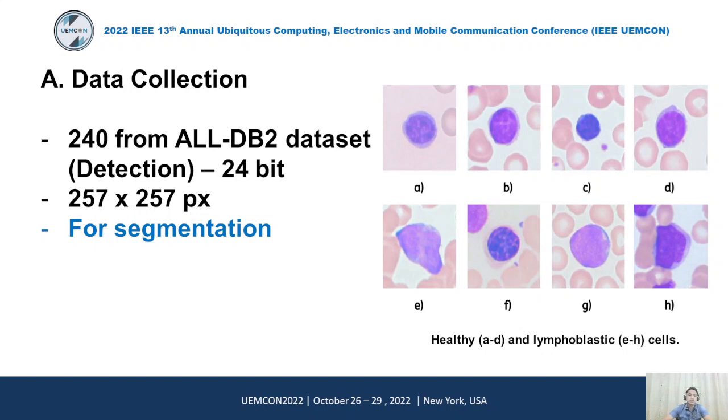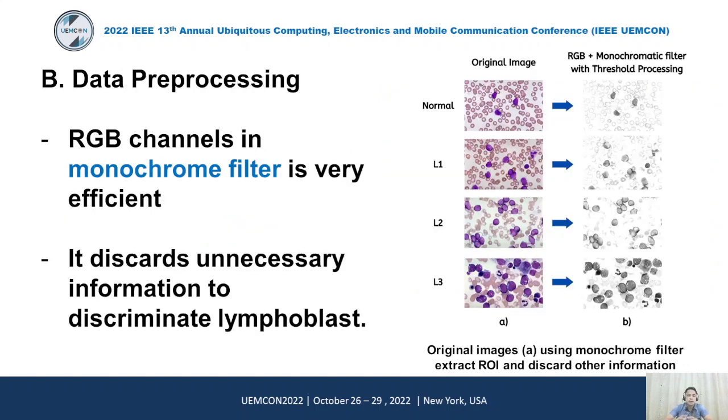We will use it for segmentation. For data processing, we use the monochrome filter. As you can see in the figure, it is very efficient at discarding unnecessary information to discriminate the lymphoblast. We remove some blood components by using the monochrome filter.